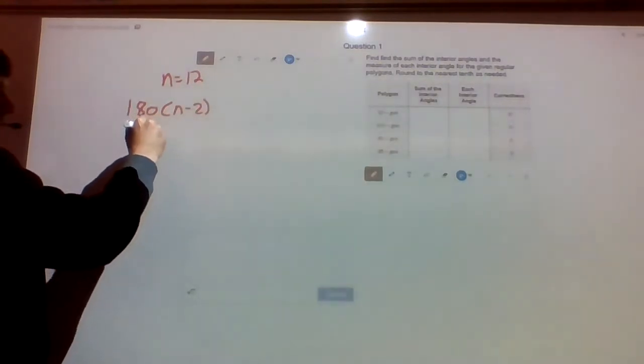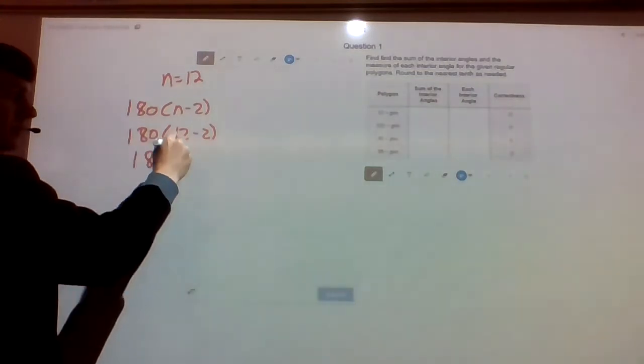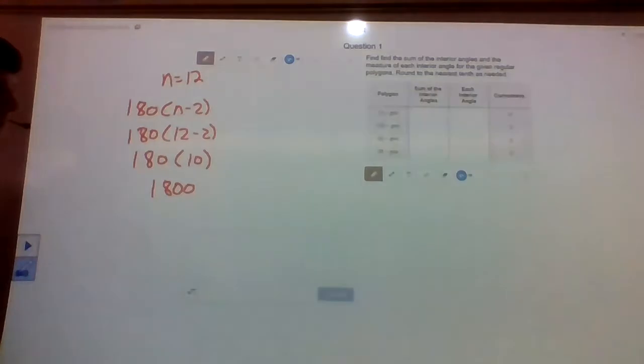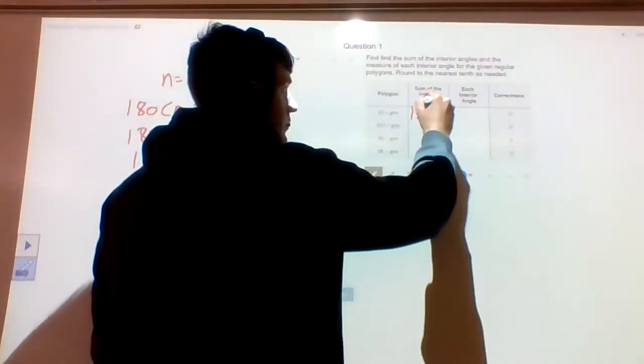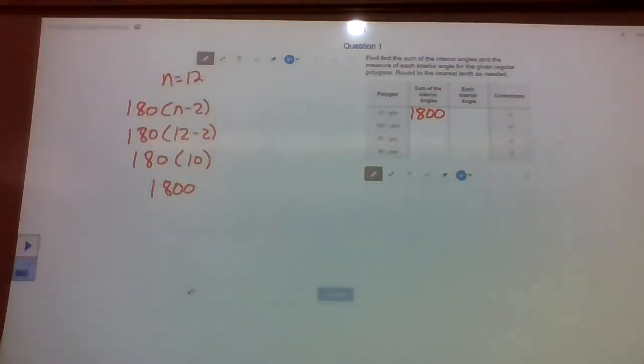So that's going to be 180 times 12 minus 2, which is 180 times 10, which is 1800, for our sum of the interior angles of a regular 12gon.